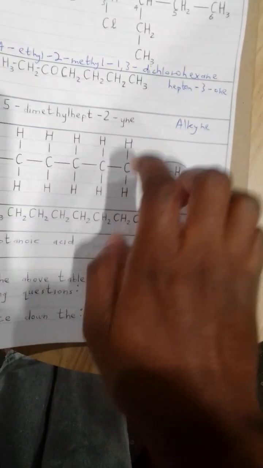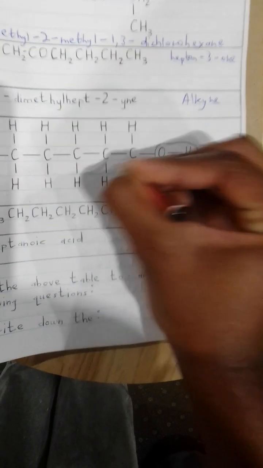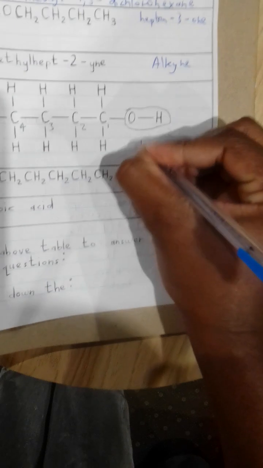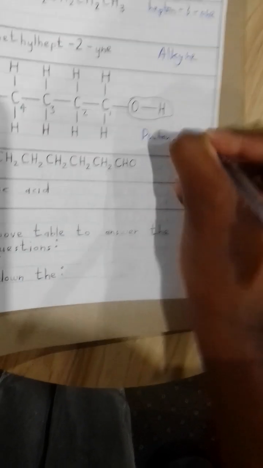Okay, we start in the position of the hydroxyl. 1, 2, 3, 4, 5. So this is an alcohol, and its name is pentan-1-ol.